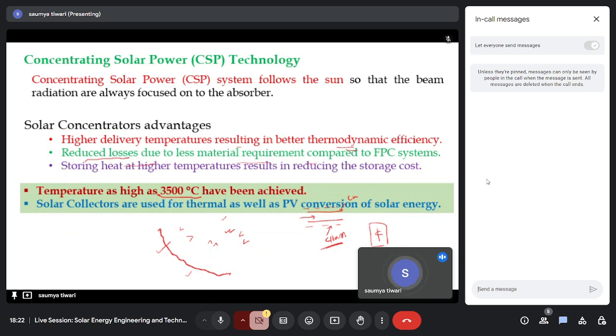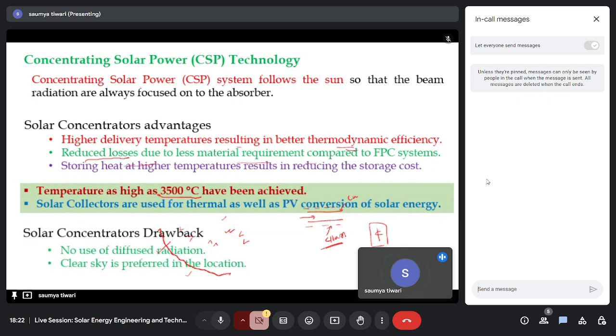And this can also be used in PV technology, right? Now, the drawback of solar concentrators is that we are only using the direct beam, right? Diffuse radiation does not have any direction, so it cannot be concentrated. So only direct radiation is utilized in concentrating solar power technology, and for its viable application, a clear sky is preferred at any location.